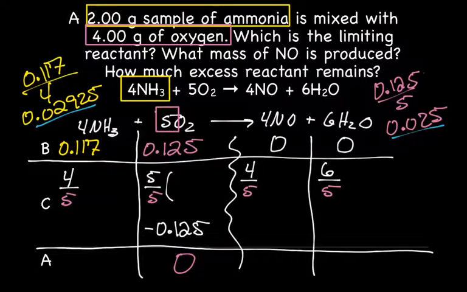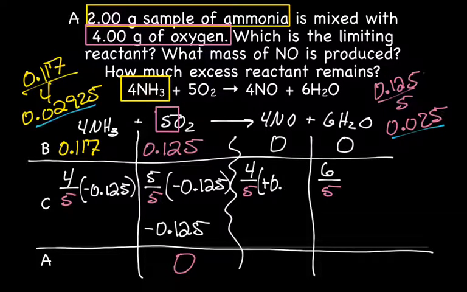So our change factor is going to be 0.125, negative for the reactants because we're using them. So the same with this one. And then positive for the products because we're gaining that much. Okay, so now we have to calculate the change for ammonia and NO and water.